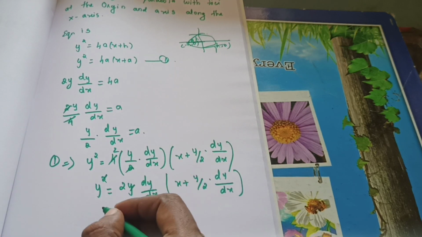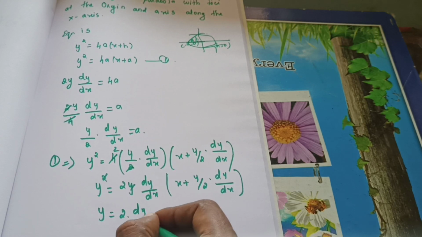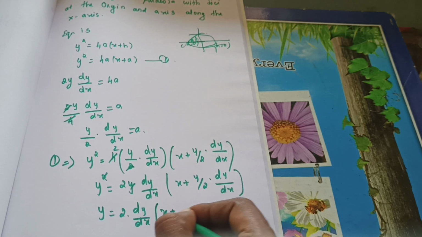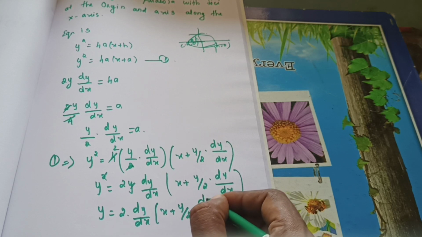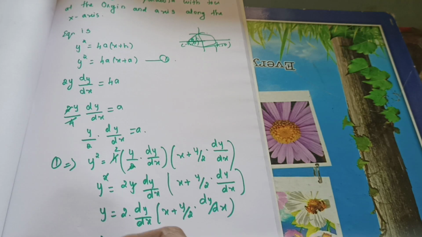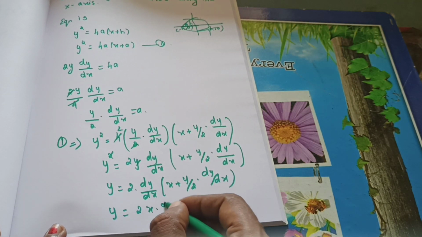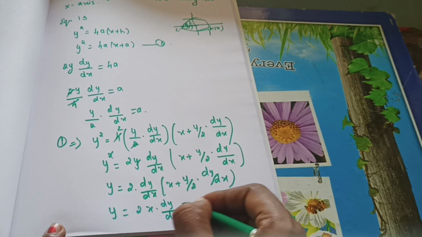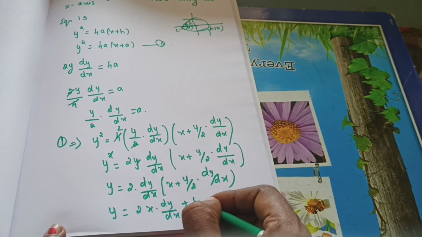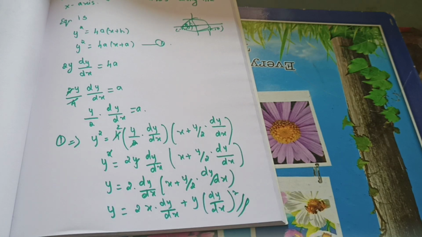So 2y into dy by dx into (x plus y by 2 into dy by dx). This y and this y will get cancelled. So y is equal to 2 into dy by dx into (x plus y by 2 into dy by dx). So multiply inside, y is equal to 2x into dy by dx plus, 2 will get cancelled, y into (dy by dx) the whole square. This is the required answer.